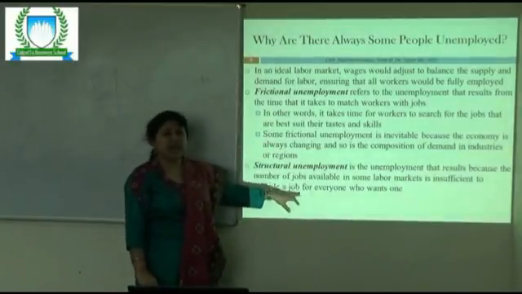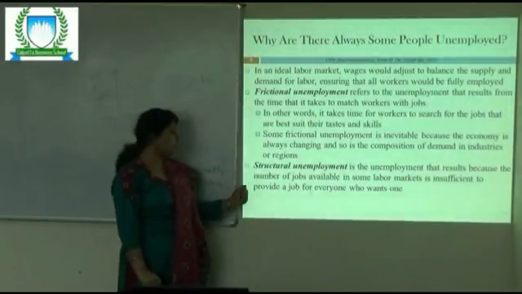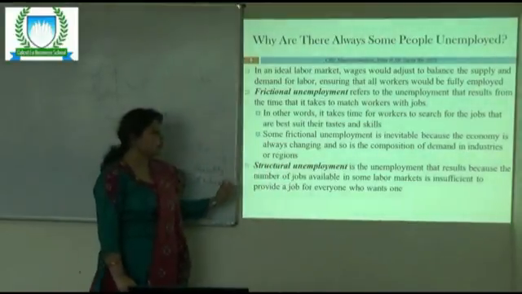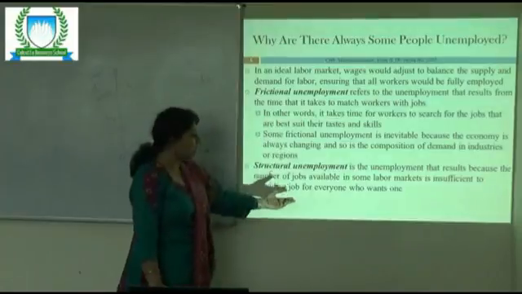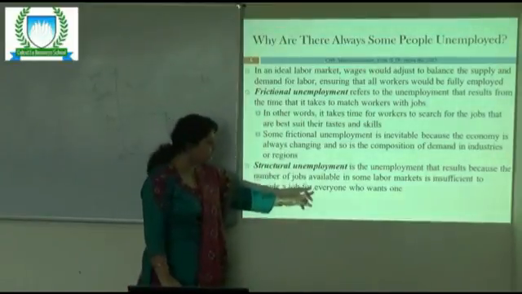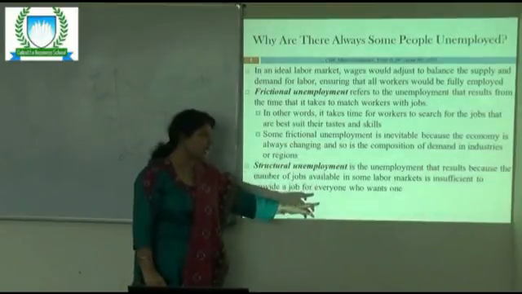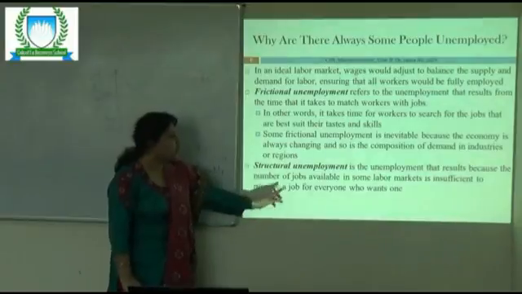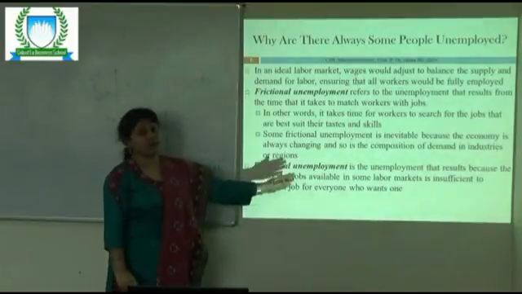Another reason behind this natural rate of unemployment is structural unemployment. The definition goes like this: unemployment that results because the number of jobs available in some labor markets is insufficient to provide a job for everyone who wants one.